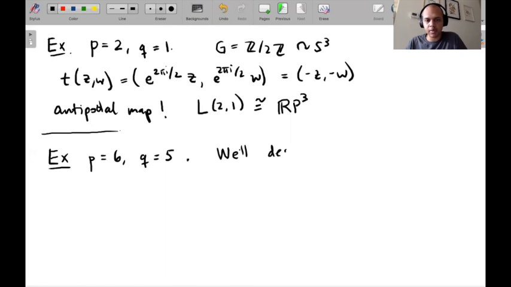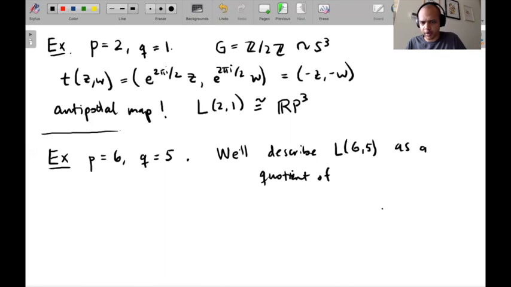We'll describe L(6,5) as a quotient of, so the picture is going to be the following. You have a hexagon, and then you take the cone on the hexagon. Let me put this point here.